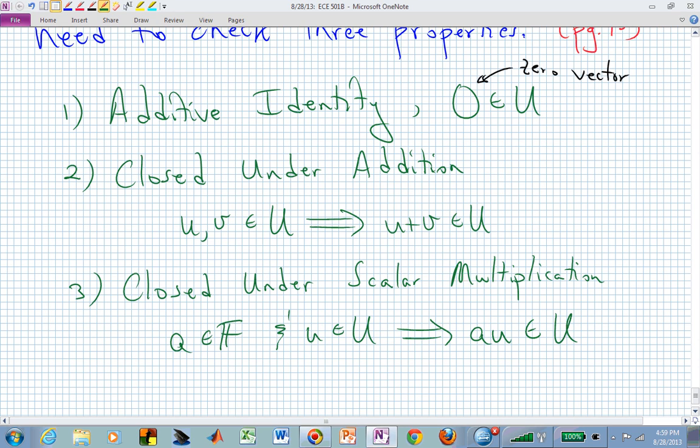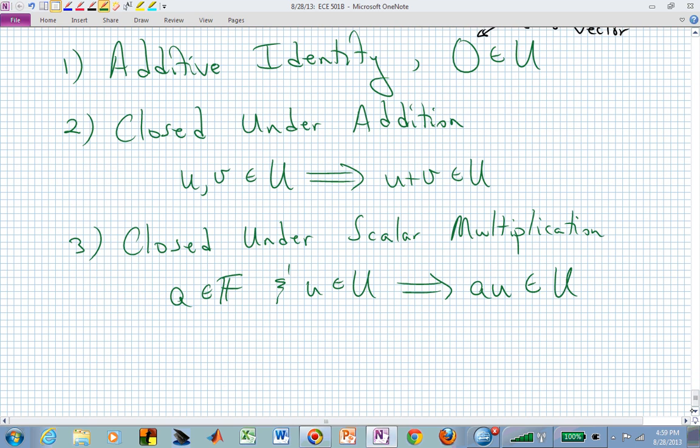And we don't have to show all six. The other properties that we learned last time are needed to create a vector space. Remember, we're pulling U already out of an existing vector space. So by just the consequence of it living in that vector space, it's going to obtain a lot of these other properties.